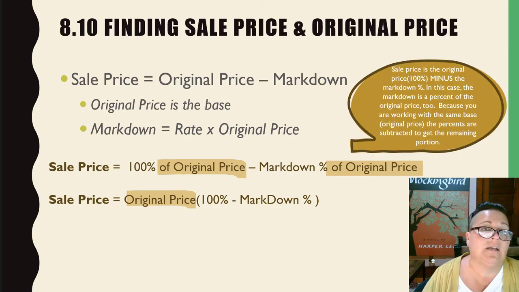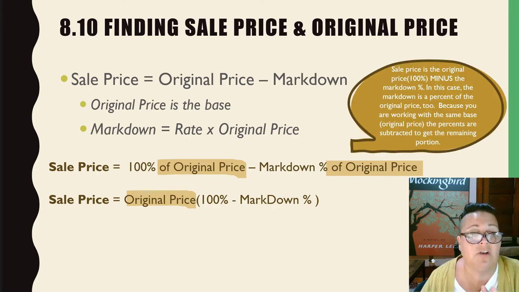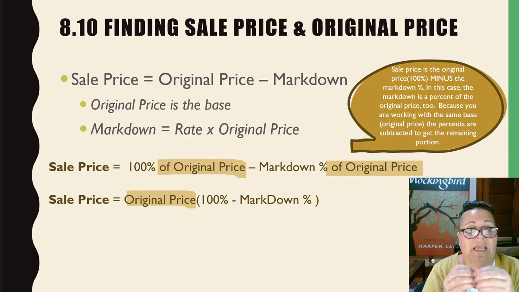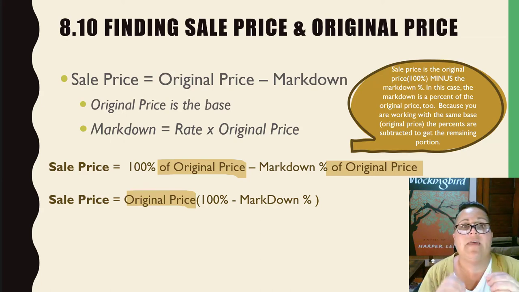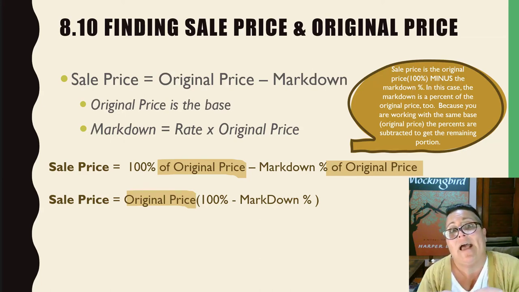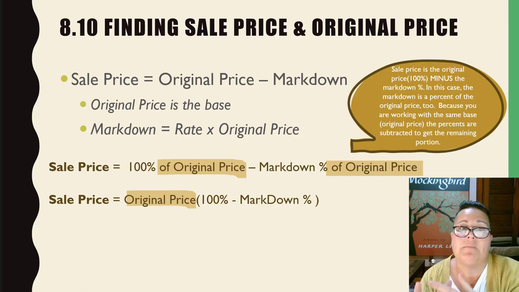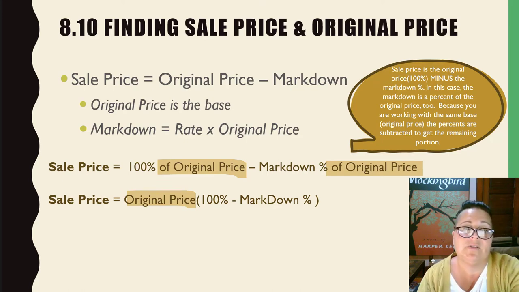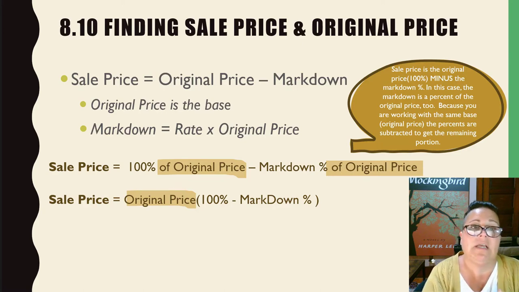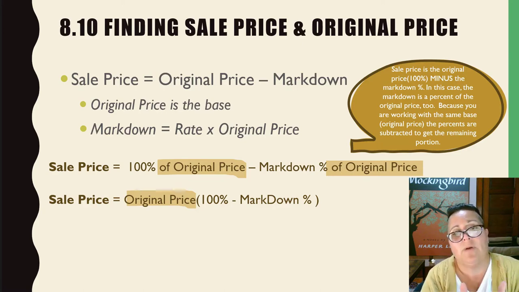So if I take the sale price, which is 100%, and I minus the markdown percent, in this case, the markdown is a percent of the original price. That means that there's like a common denominator there, so I can pull that original price out. I'm working in the same base, so I can pull that original price out, and the percents are subtracted to get the remaining portion.